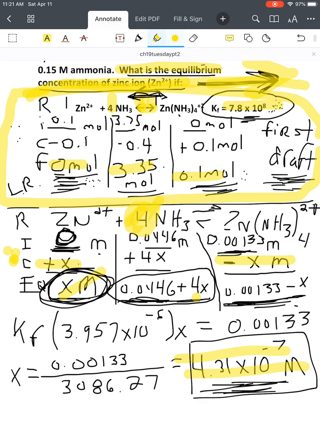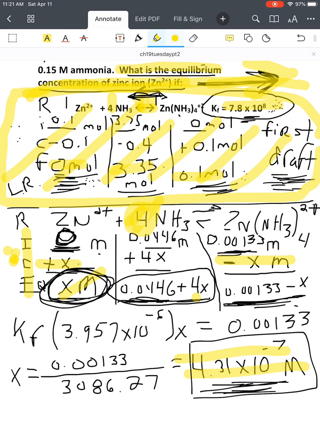So if we could make a simplifying assumption, it actually really helps us out a lot. And by doing this rough draft business and assuming it goes to the right to completion first, what that does for us is in the second step in this rice table, it assures that x is going to be really, really small. And that allows us to make this simplifying assumption in more cases than not.